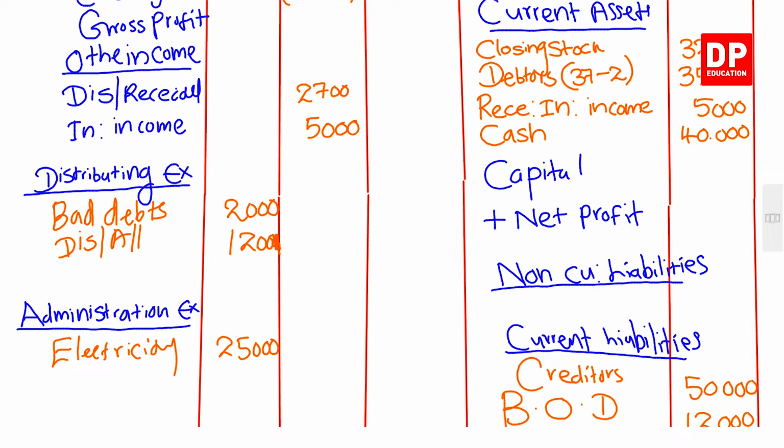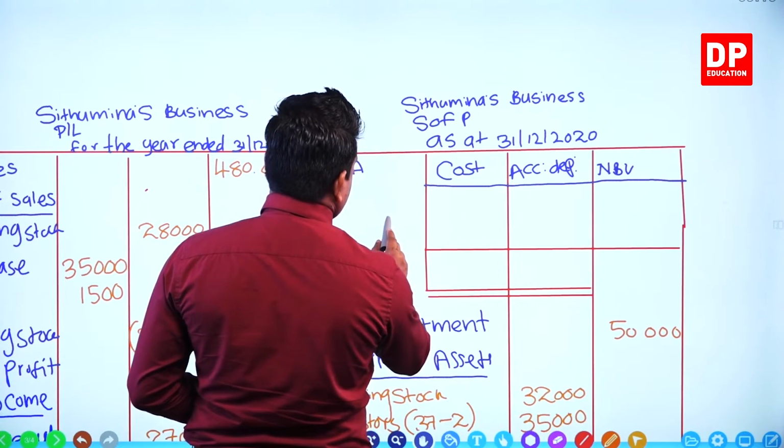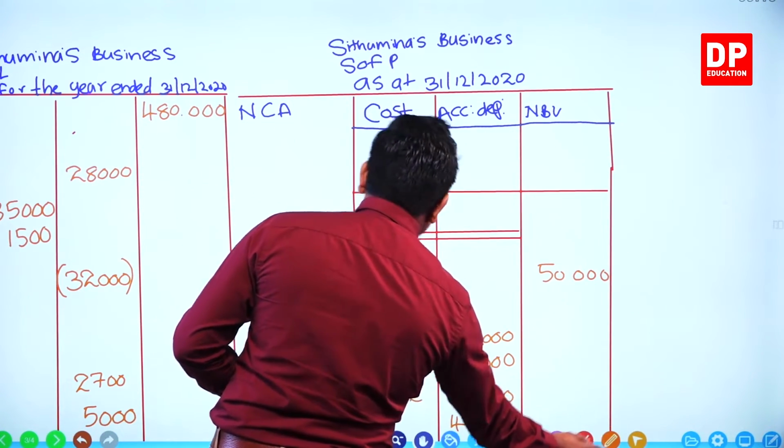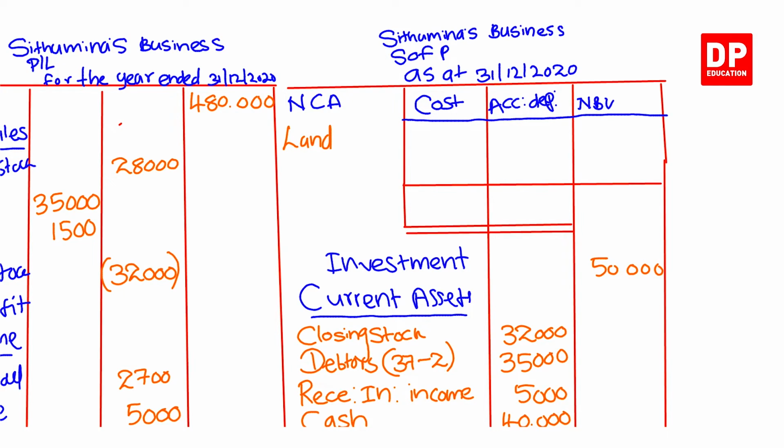Land and building 400,000. It's non-current assets, right? You can write the same value in the corner because no depreciation, right?